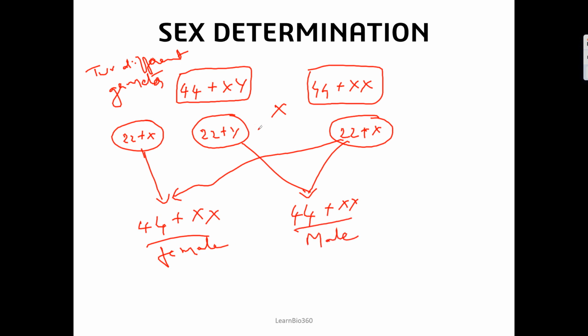So during every sexual intercourse or every pregnancy, there is a 50% chance for production of females and a 50% chance for the production of males. Which gamete is going to fertilize the egg cannot be determined.